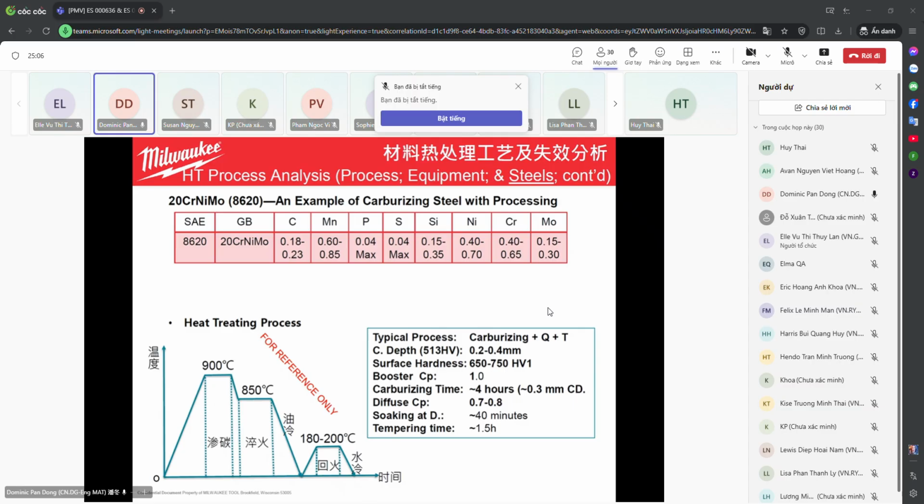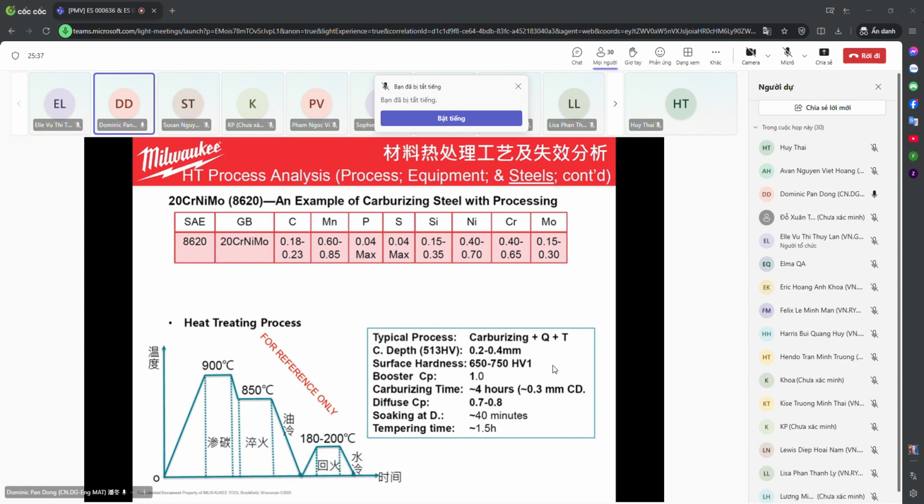And we see that the heat treating process covers 3 steps, so-called carburizing, quenching and tempering. So we can see the temperature has 3 steps. For carburizing, around 900 Celsius. For quenching, around 850. And for tempering, between 180 and 200. Overall, it can give us a very balanced mechanical property of our part.